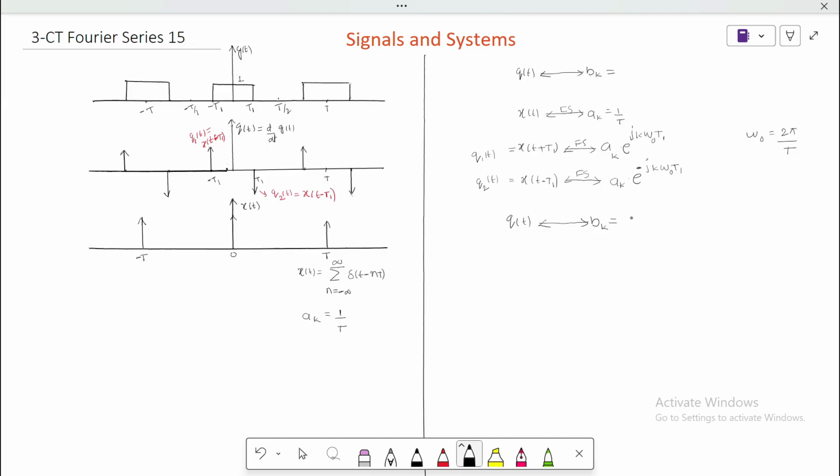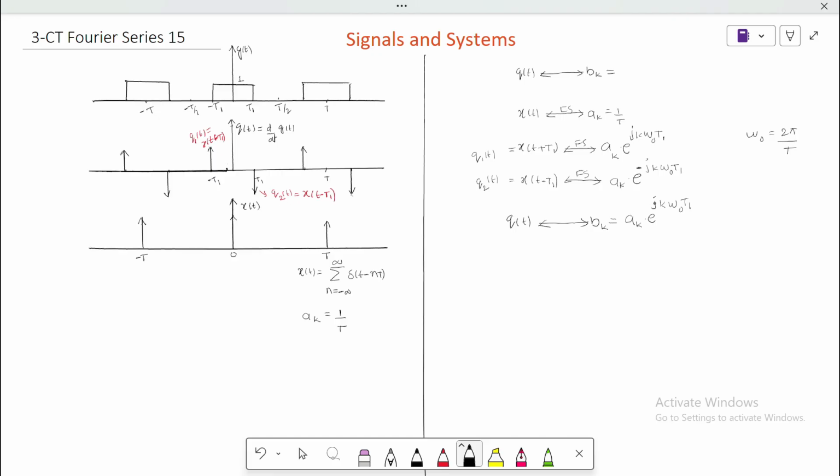The q1 of t Fourier series coefficient equals ak into e power jk omega naught t1, and here q of t equals q1 of t minus q2 of t.